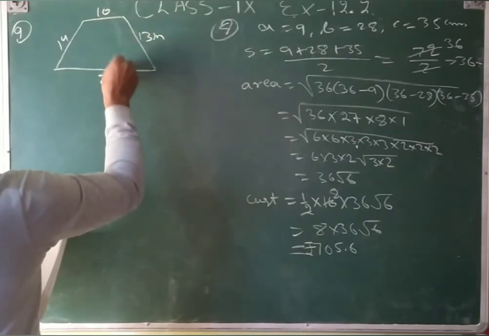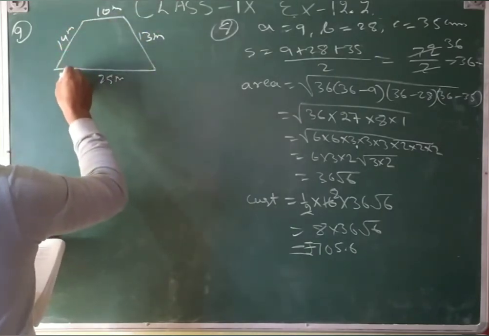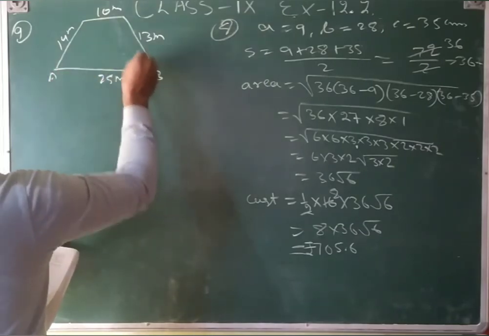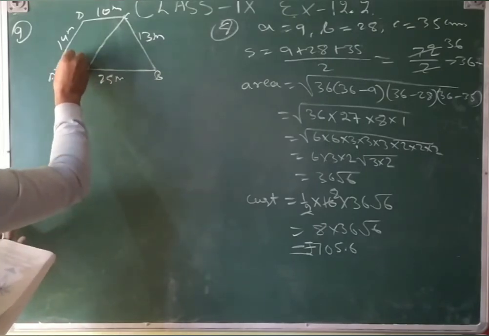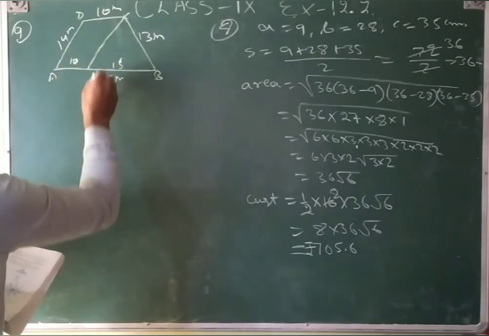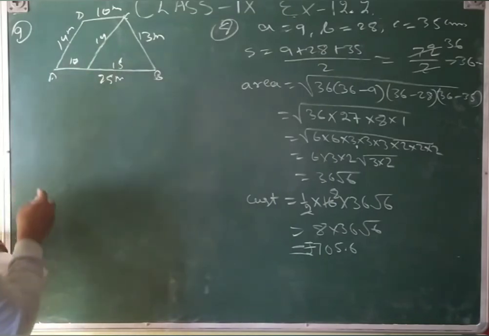All given in meter, and then A, B, C, D. I draw a parallel line also here. That will be 10, or this will be 15. This will be 14 because parallel is this one.